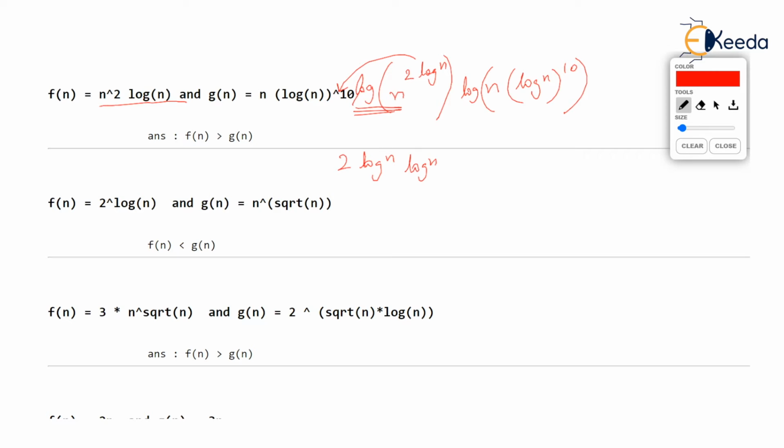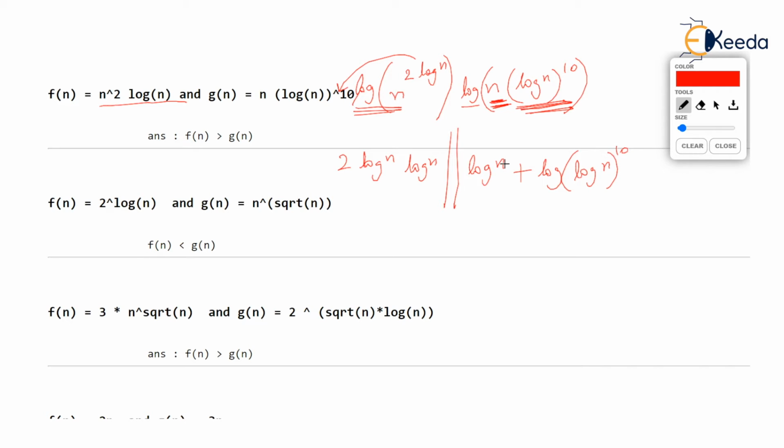And what about the other function? Now you see this is log of n into log n raised to 10, isn't it? So you know log of a into b is log of a plus log of b. So the other part becomes log of n plus log of log n raised to 10.